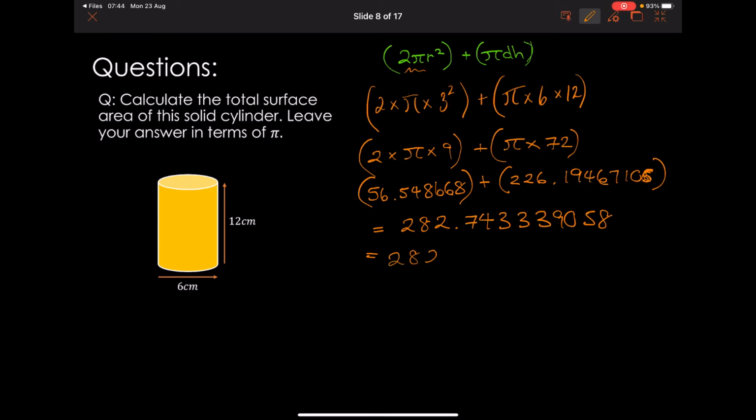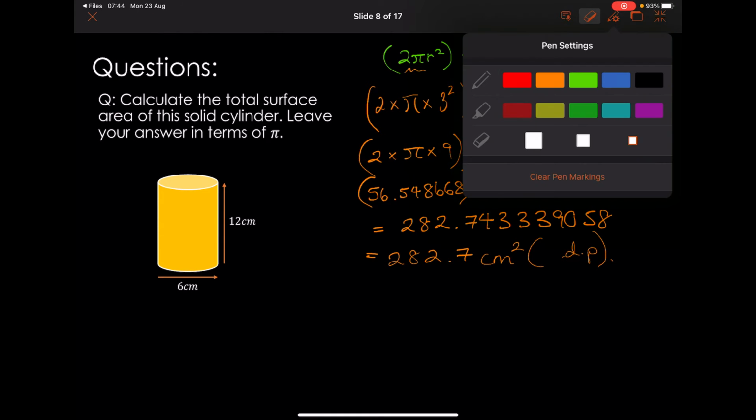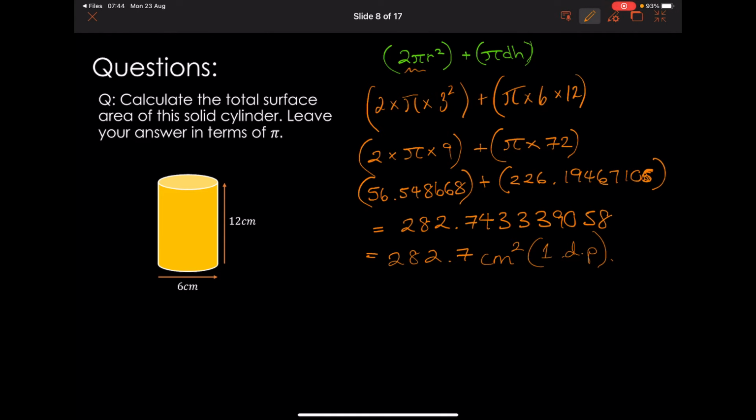So I'm going to round it to 282.7 centimeters squared, because we're doing surface area, not volume, and that would be to 1 decimal place. Okay, so it's not too bad once you've got the formula and you can just put everything in.